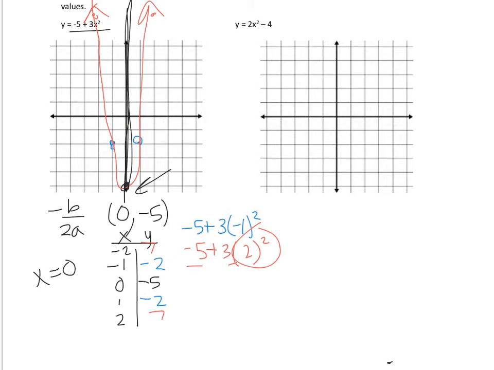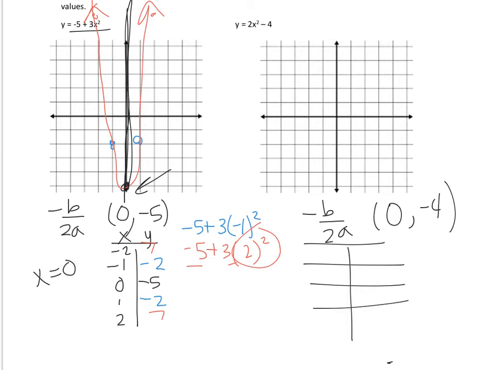So I'm going to do the same thing over here. When I do opposite b over 2a, I get 0, plug it in, I get -4. When you're graphing and you're making a table of values, always put the vertex in the middle. Pick numbers that are less. And then I'm going to plug in -1.